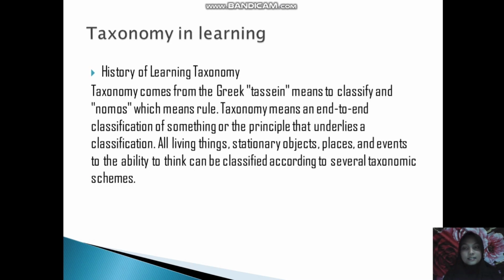Taxonomy in learning. The story of learning taxonomy. Taxonomy comes from the Greek taxein, meaning to classify, and nomos, which means rule.